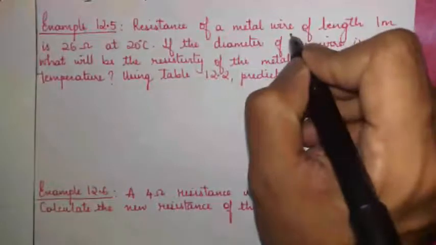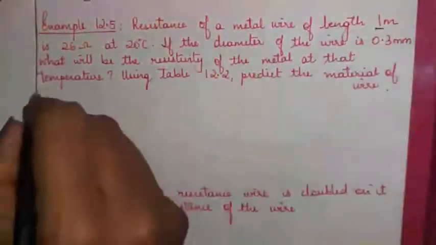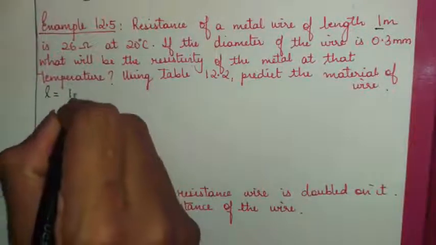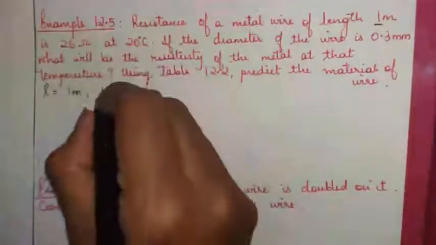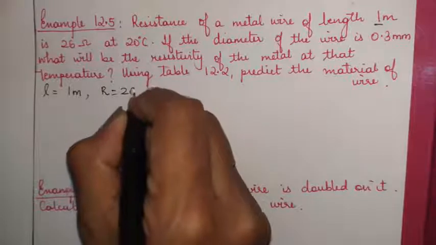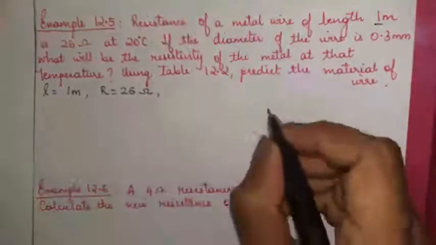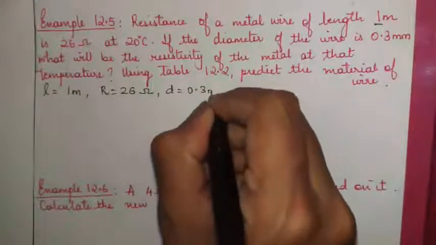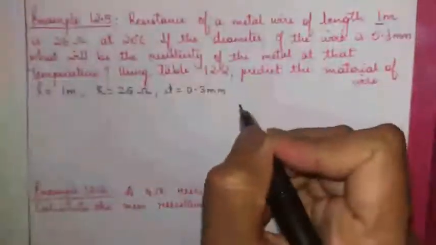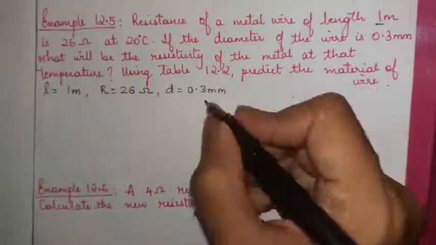Resistance of a metal wire of length 1 meter. So we are given length is equal to 1 meter. What else are we given? We are given 26 ohms, that means resistance is 26 ohms. We are given that diameter is 0.3 millimeters. But we do not want it in millimeters because the SI unit is meters.